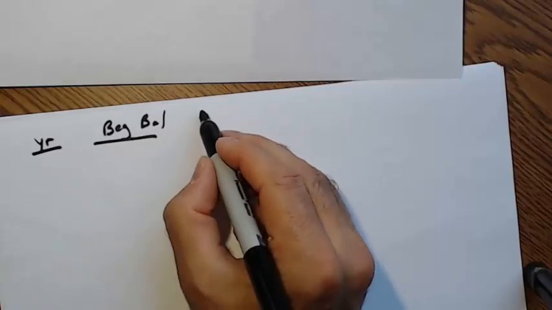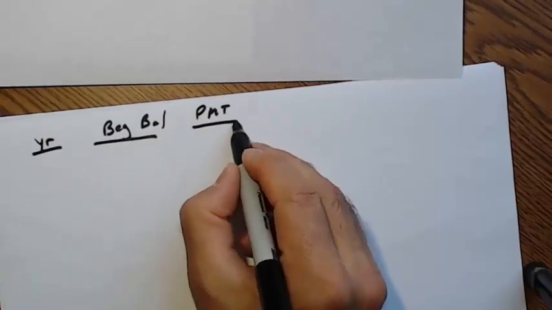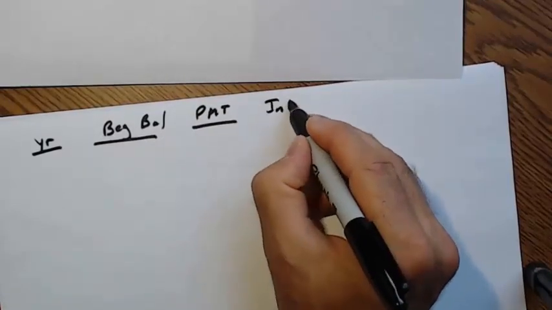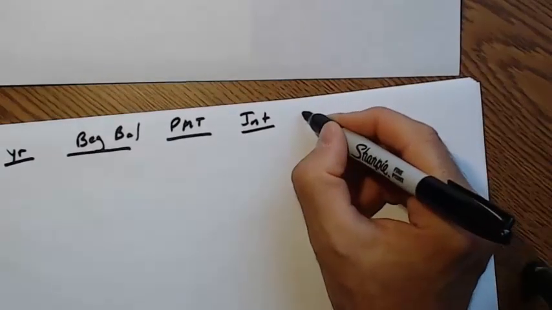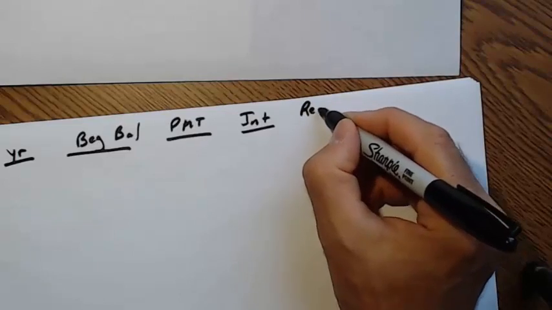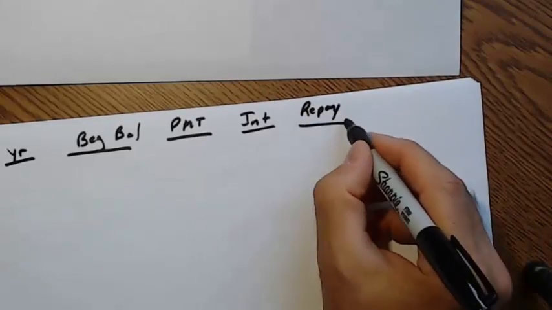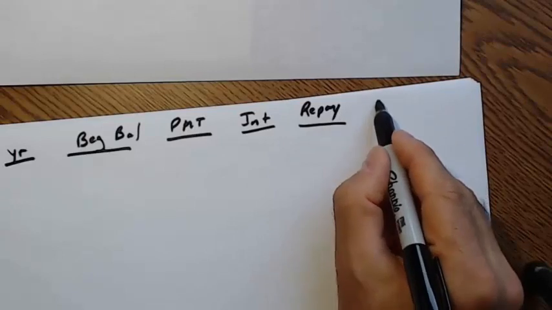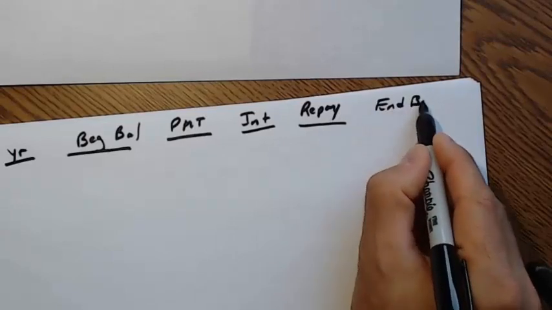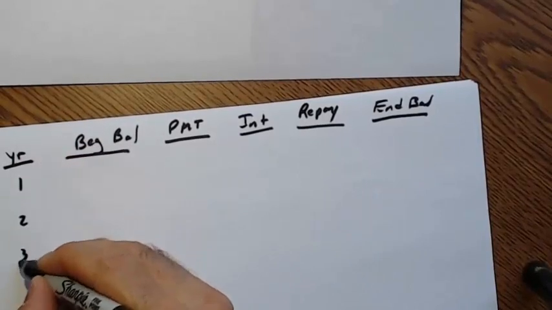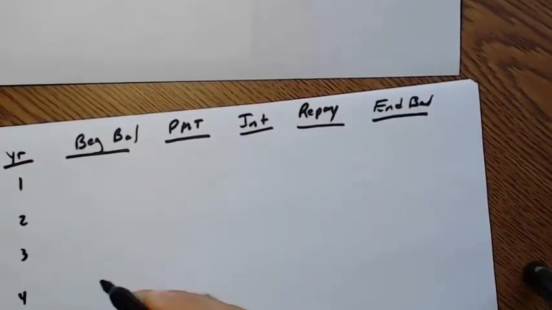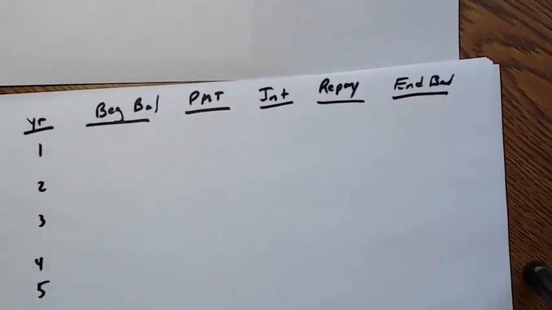I am going to have beginning balance, payment, interest payments, and then repay, and that's the repayment of principal. And then I'm going to have an ending balance. I'm running out of room here. Okay, so we're going to start out with 1, 2, 3, 4, 5 periods. So I'm going to build this table.